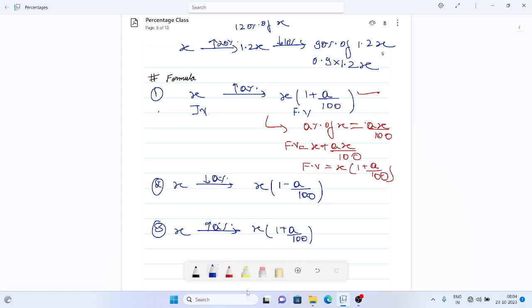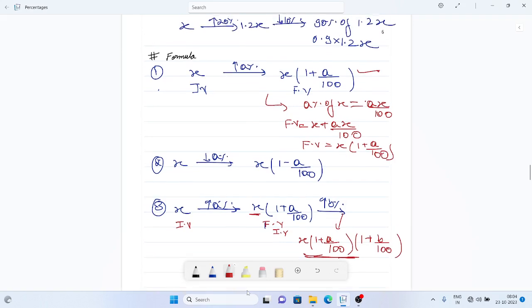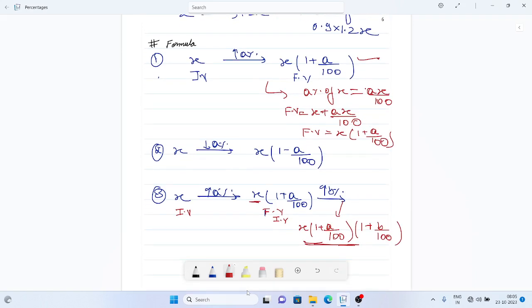Now it is again increased by b%. So here the first initial value is this, final value is this. Now this is the initial value. So what is the final value? The final value is x(1 + a/100)(1 + b/100). I think you understand this concept. Okay, so please note it down, then we move forward.